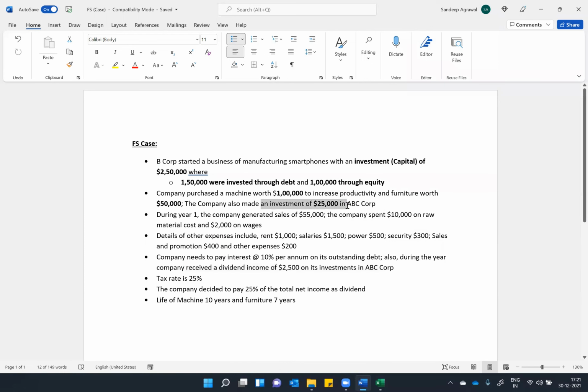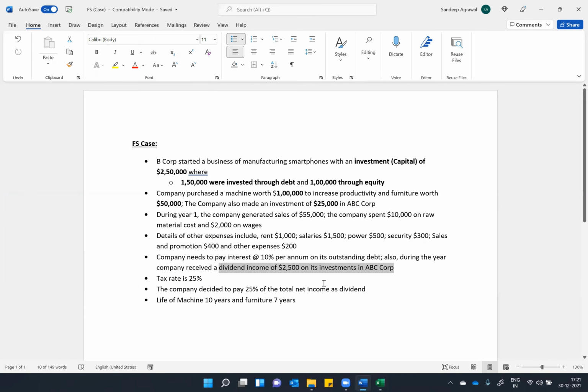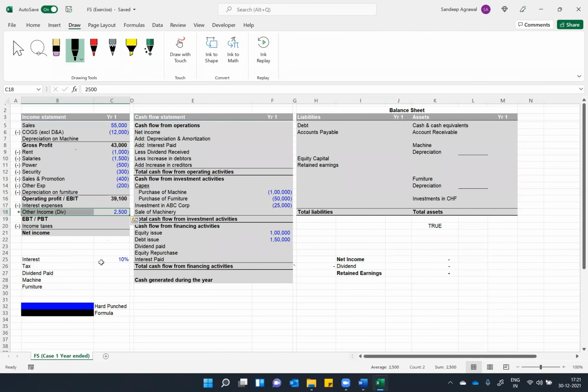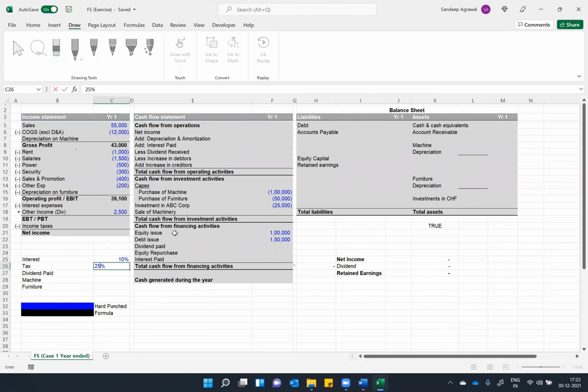So if you remember, you made an investment of 25,000 and you got a dividend on that investment, which is 2,500 of dividend income. So you will write dividend income here, which is part of other income, right? And 10% I have just put in here. The tax rate is 25%, so you will write 25%.